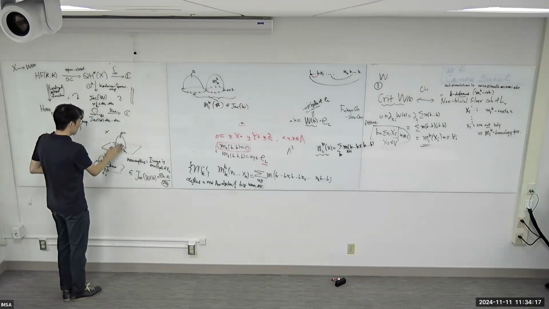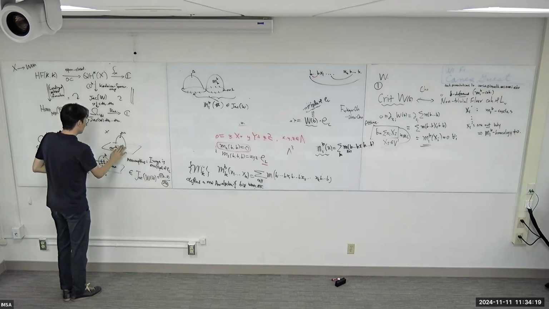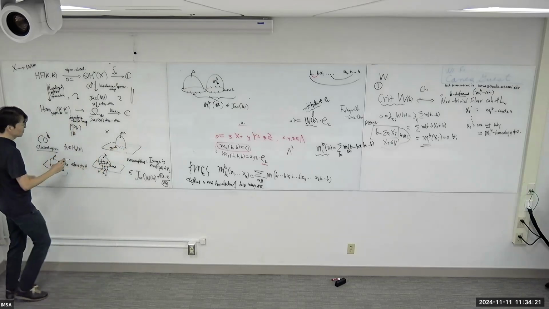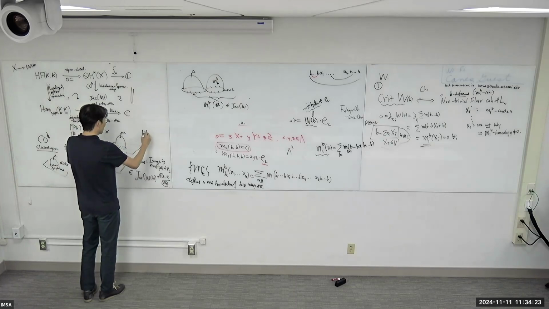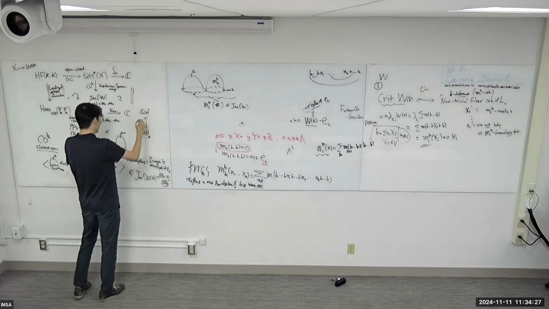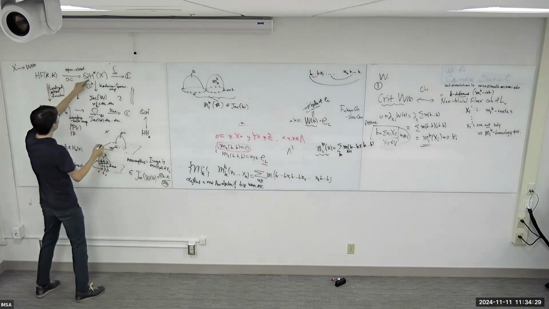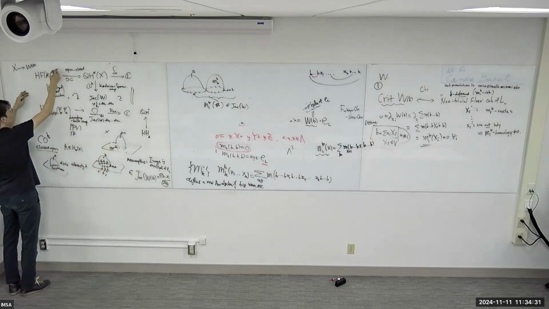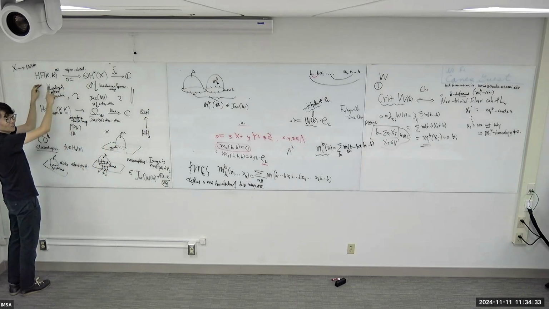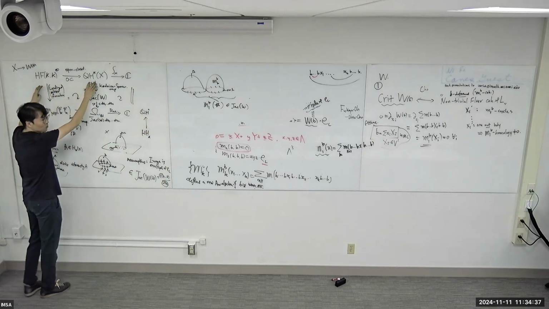What I wanted to say was that maybe from Hochschild cohomology to quantum cohomology is natural. You can expand this to some tensor products, naturally from the Hochschild homology to quantum homology.